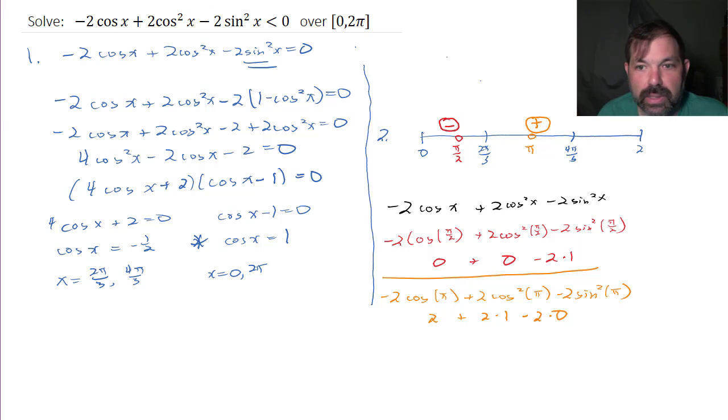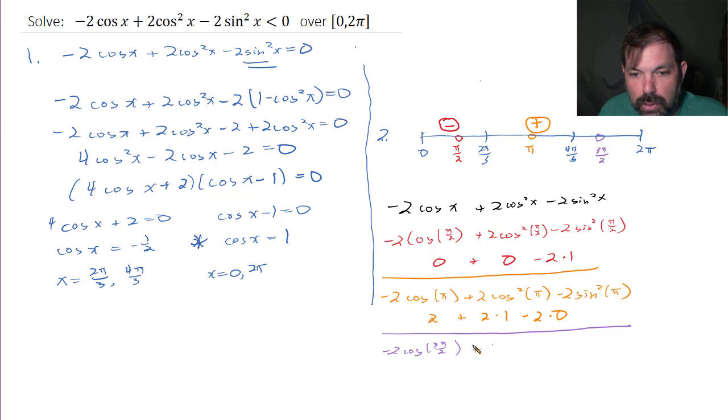And then finally, let me test between 4 pi over 3 and 2 pi. Let's test at 3 pi over 2. Not 2, but 2 pi, right? That should be a 2 pi on the end here. So then, testing the third subinterval, I'd have negative 2 cosine of 3 pi over 2 plus 2 cosine square of 3 pi over 2 minus 2 sine square of 3 pi over 2.